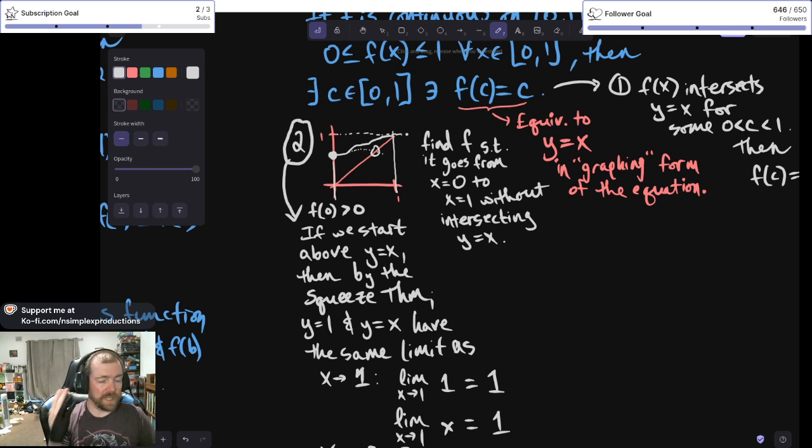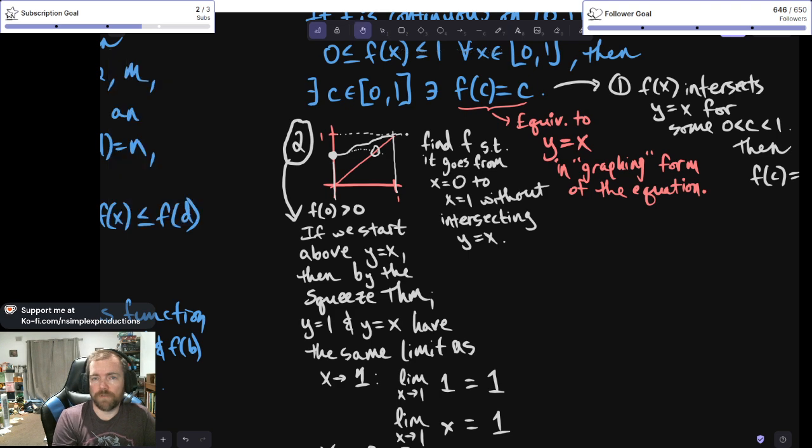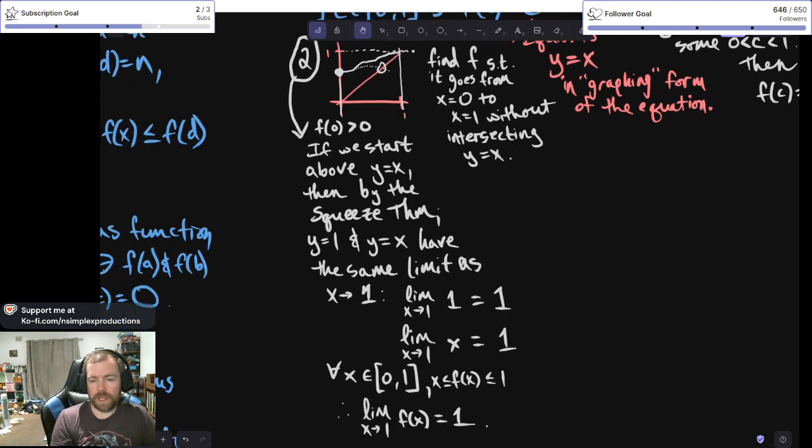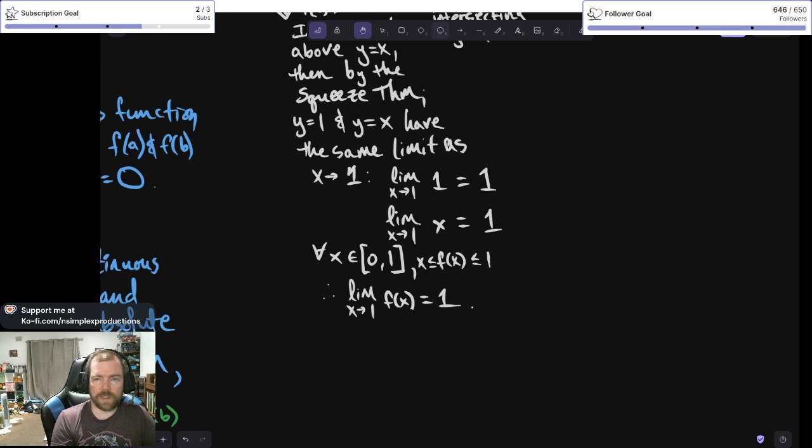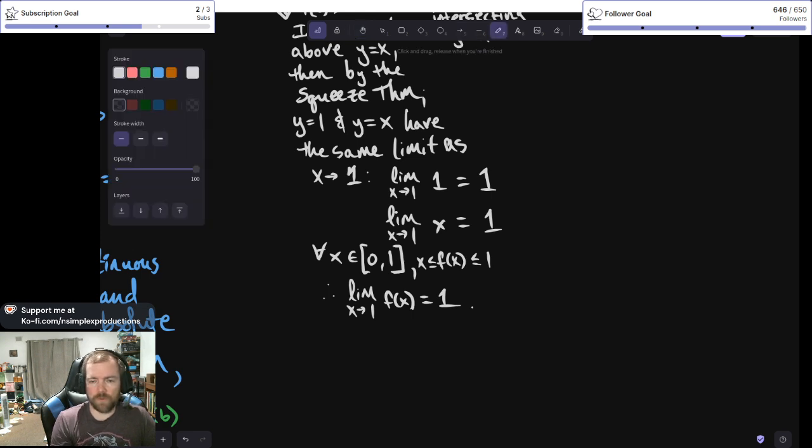Then we note that if f of 0 is strictly greater than 0, we're going to force a limit at x equals 1, where our function is going to be equal to 1. And so then we have f of x is equal to 1, and therefore f at 1 is equal to 1. And again, so proven.